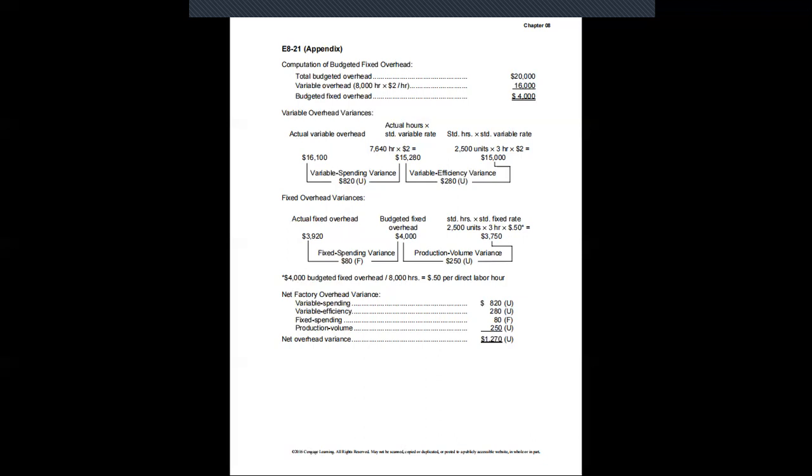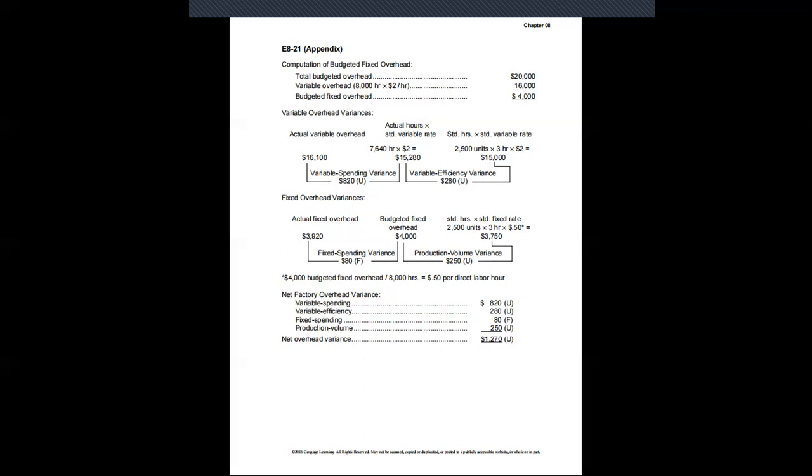The total budgeted overhead is 20,000, as given, and then we deduct the variable overhead for 8,000 hours at the rate of $2 per hour. So we get the variable component of 16,000 out of 20,000. Therefore, the budgeted fixed overhead is $4,000.